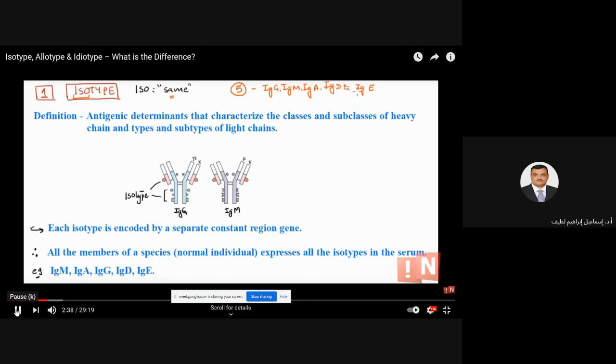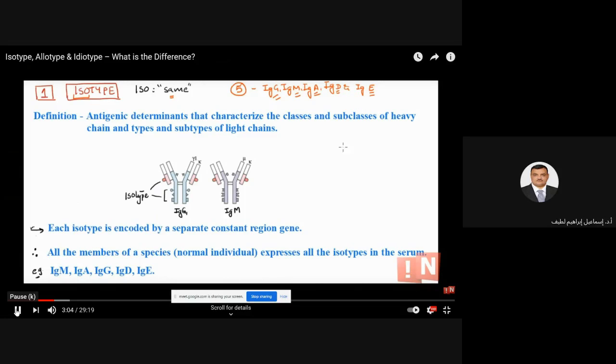We have 5 different types of antibody in our serum. All of us, all the humans, we have these 5 types of antibodies. That means all of us would have specific genes that code for each specific immunoglobulin. Right? All of us should have these specific genes that code for these immunoglobulins.